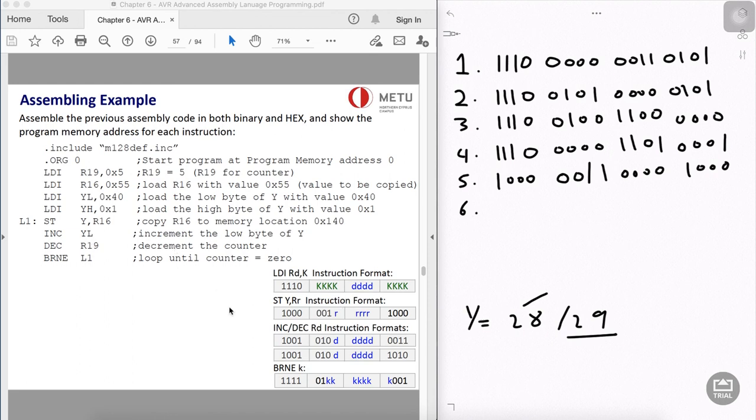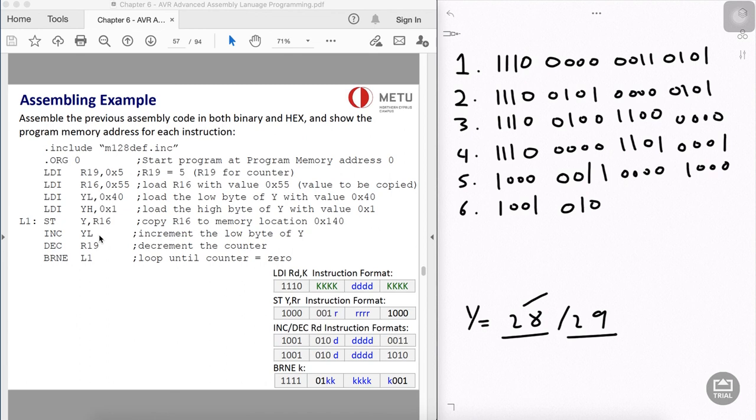Then instruction 6 is increment YL. So increment is 1001, and then we have 010. Now the destination is YL. YL is, as we already said, 28, which is 12.